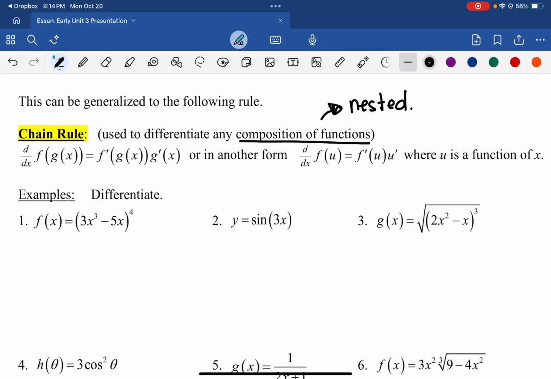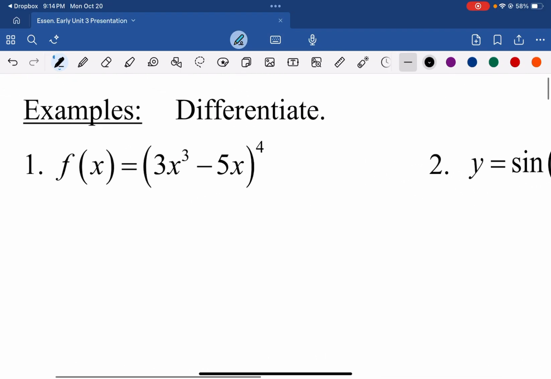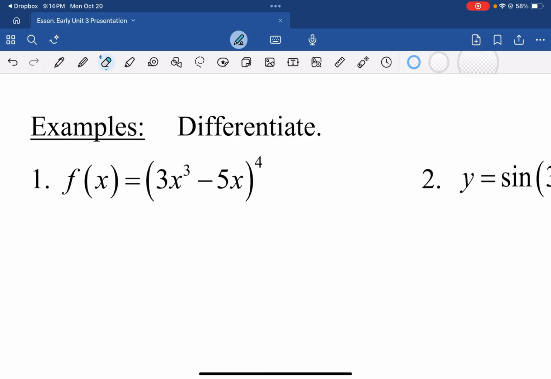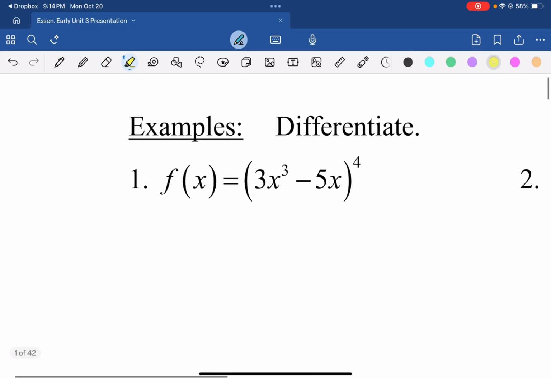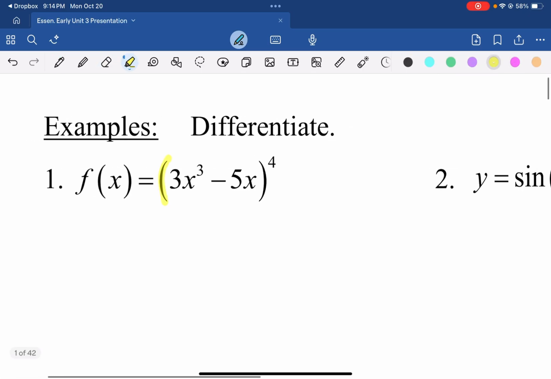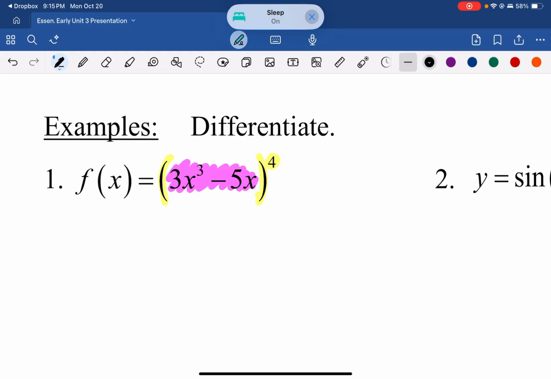Let's look at this first one. My outside function is this something to the 4th power, and our inside piece is 3x cubed minus 5x.